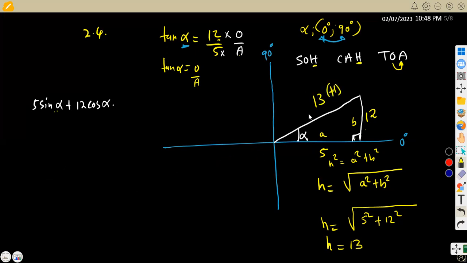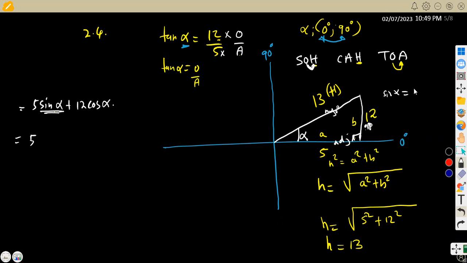Having this now, it is going to be easier for us to simplify the trig expression, because we have 5 multiplied by sine alpha, and sine alpha is opposite over hypotenuse. According to alpha, the opposite is 12, that's our adjacent, and that's our hypotenuse.